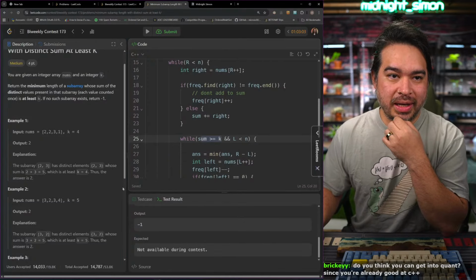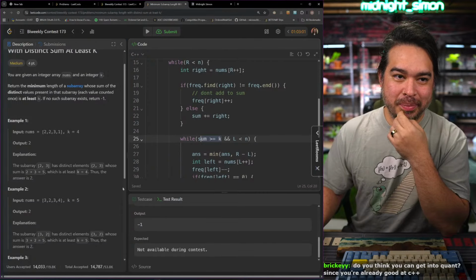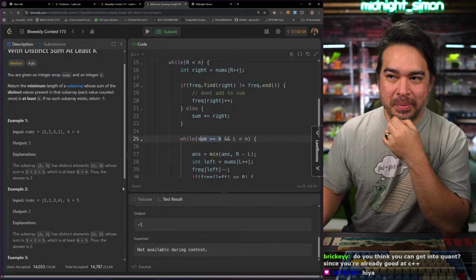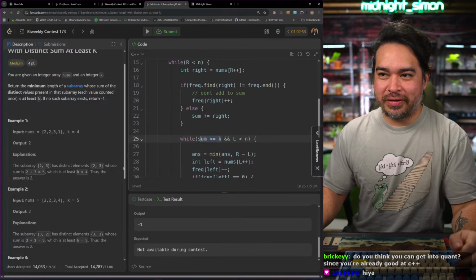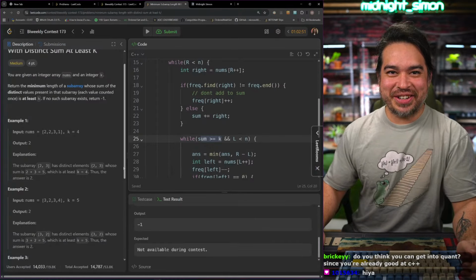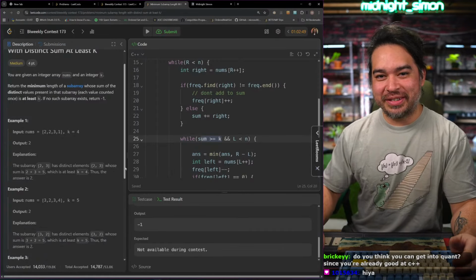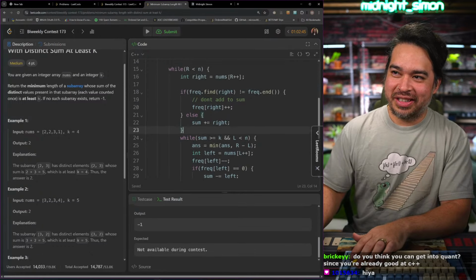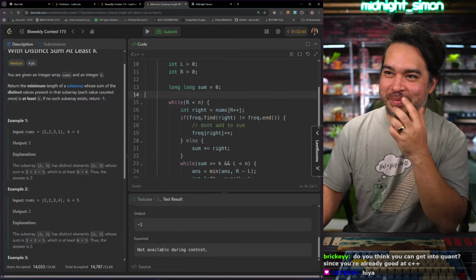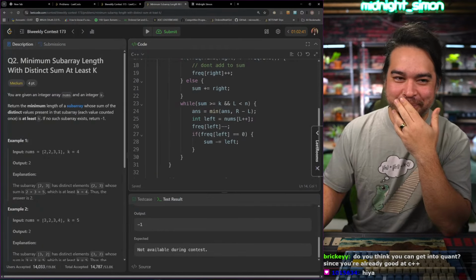Do you think you can get into quant since you're already good at C++? I think if I really tried, I would have a good shot, but I don't know if that's my goal. Numbers is in the house. What's happening, Numbers? How you doing, man? It's been a long time since I LeetCoded, and I'm out here struggling, man, on Q2.